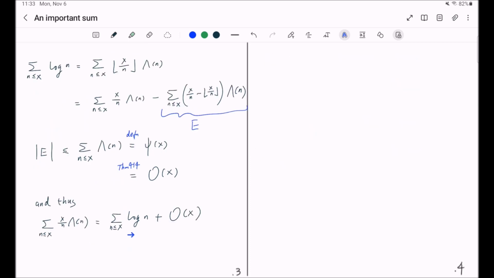And that big O of x here will merge with this big O of x. So this is equal to x times log of x plus big O of x. And now we divide both sides by x. This yields the result we need for theorem 424. So we are done with the proof.